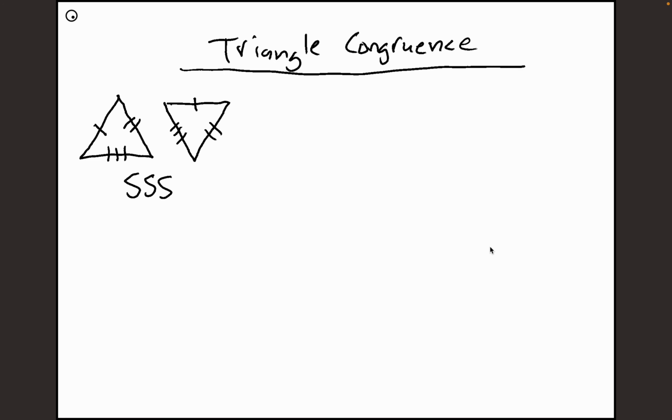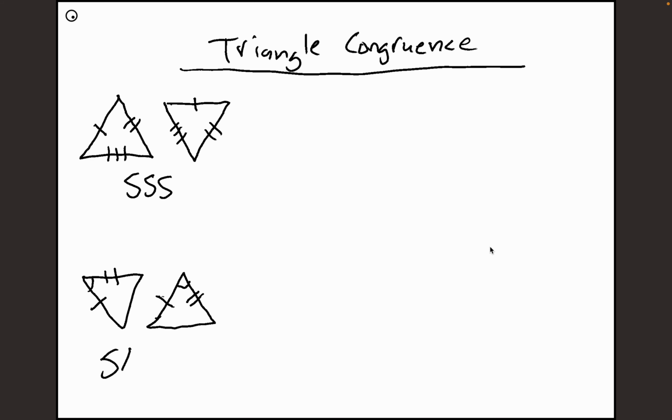Let's say now I got these 2 triangles, and let's say I have something that looks like this. We want to follow the order of our sides and angles. This time I have 2 sides, 1 angle, and that angle is in between those 2 congruent sides.